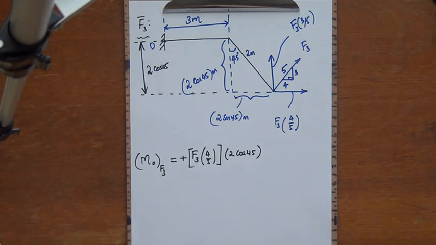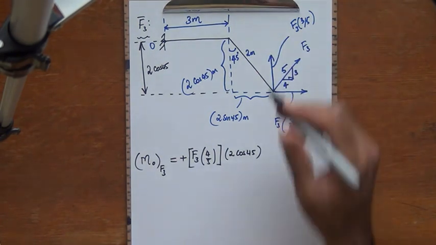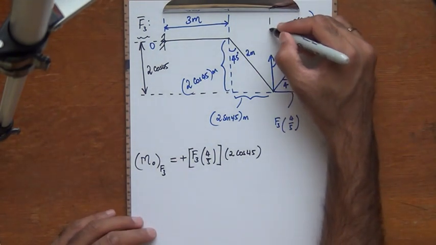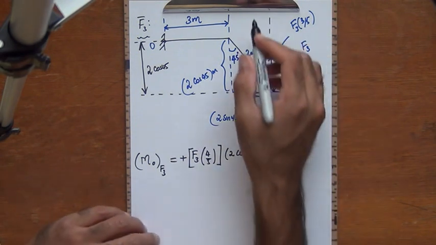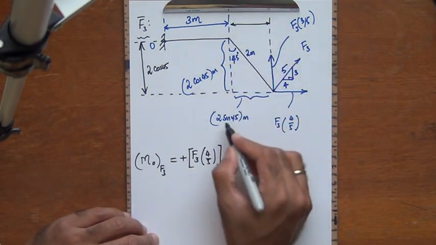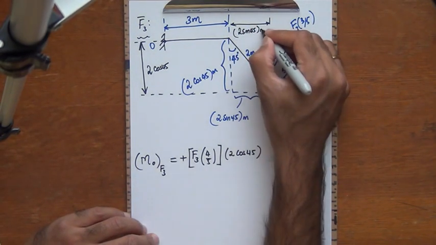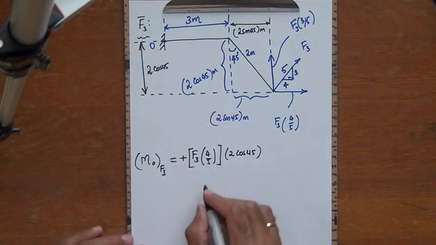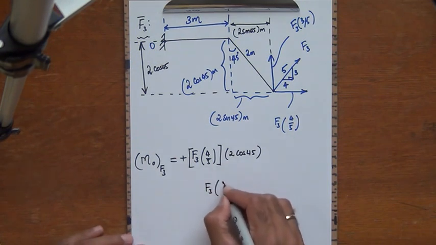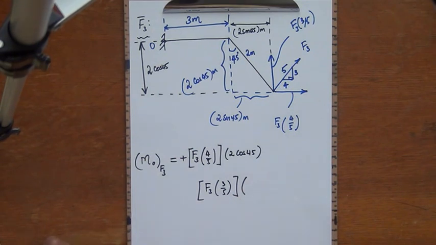And then I do the same thing for F3 times 3/5. So F3 times 3/5 is this particular force here. I'm going to extend its line of action passing through here, and I see that this distance here, which we calculated below, is 2 sine 45, so many meters, and so I have the force F3 times 3/5 times the perpendicular moment arm.